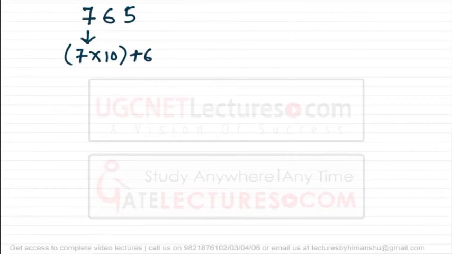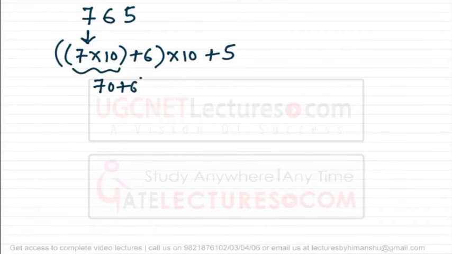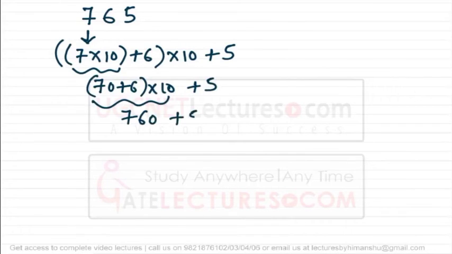Now if you have to append 5, you multiply with 10 and add 5. Just quickly see what this is going to be. This is going to be 70 plus 6 into 10 plus 5. This is going to be 760 plus 5. See, you've got 765. So the base for this shortcut is the decimal number itself.